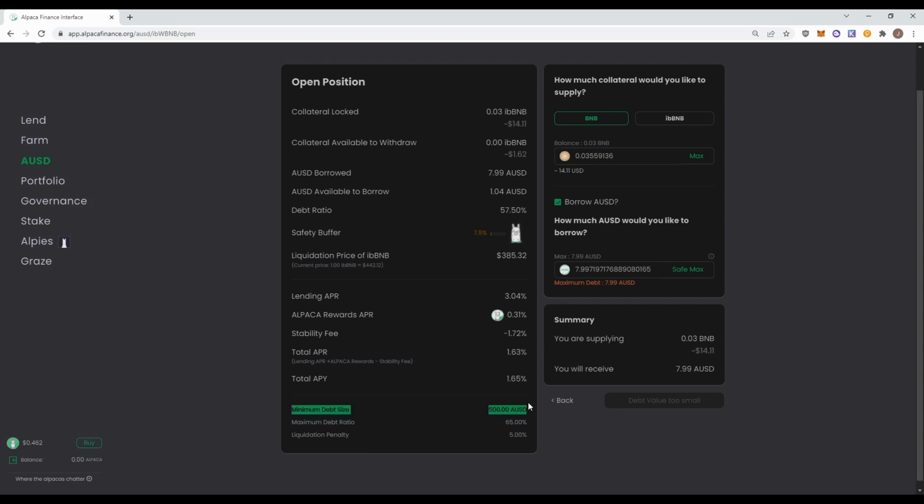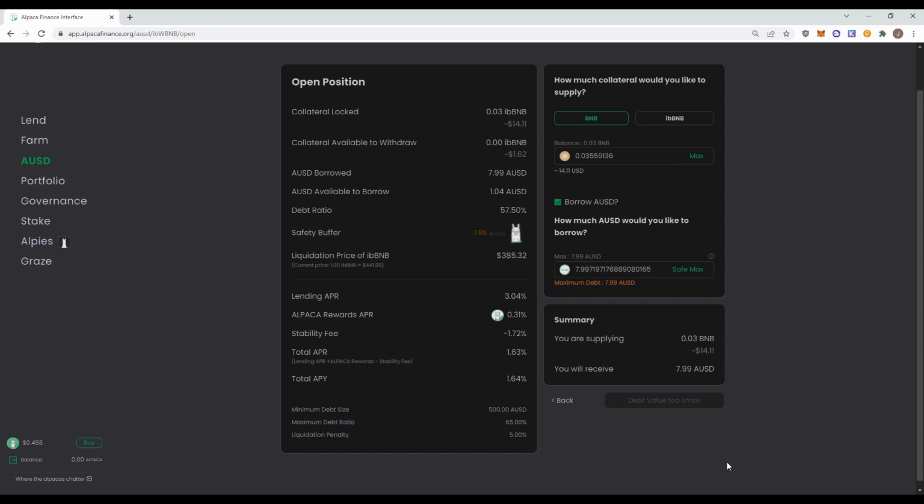The minimum debt size refers to the minimum amount of AUSD we have to borrow to be able to actually open the position. Maximum debt ratio refers to the ratio between collateral supplied and debt taken on. So we could take on more debt, but that would move us closer to liquidation, so we will not do that. And the liquidation penalty would be 5%.